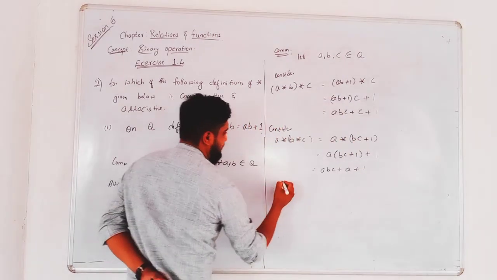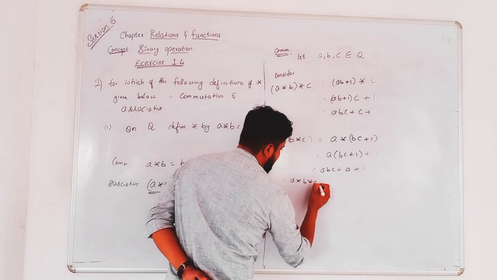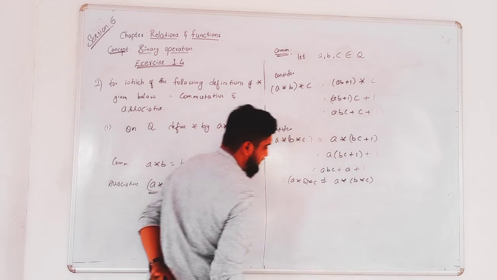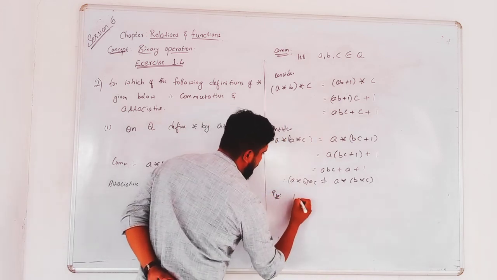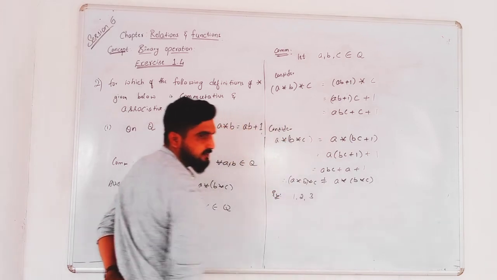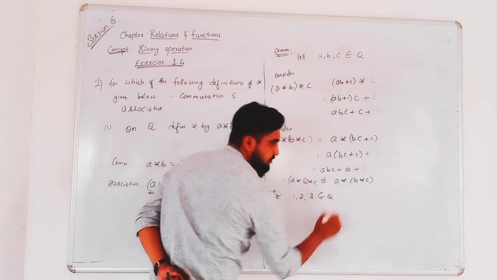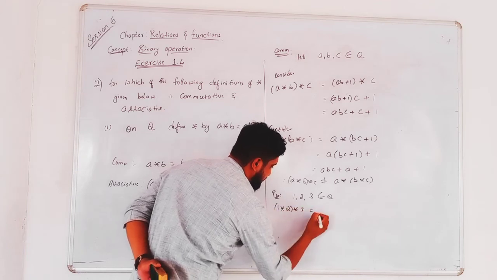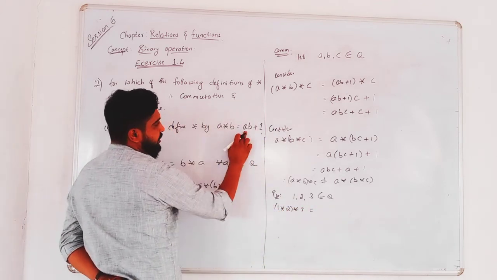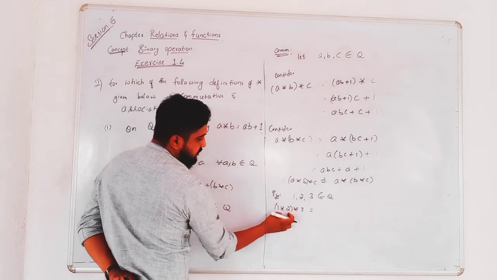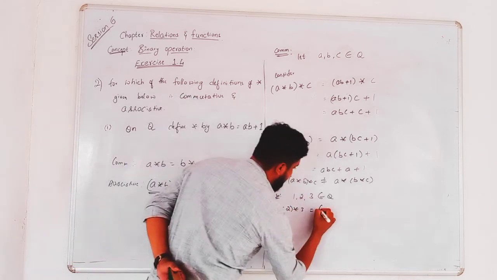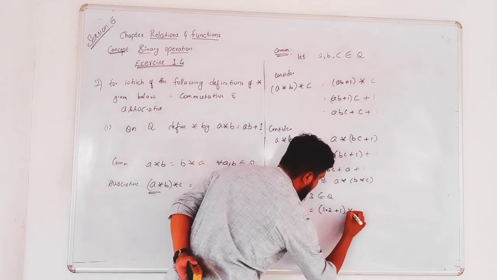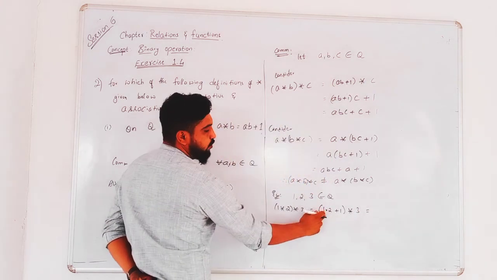Let me give an example. So clearly (a star b) star c is not equal to a star (b star c). Let me take the example 1, 2 and 3, which clearly belong to Q. So (1 star 2) star 3. 1 star 2 is 1 into 2 plus 1, which is 2 plus 1, that is 3.